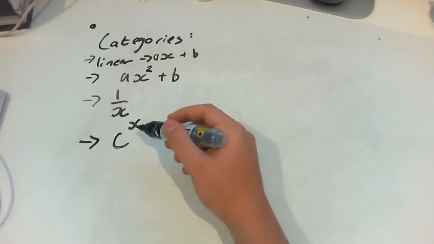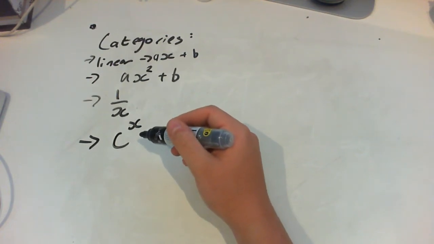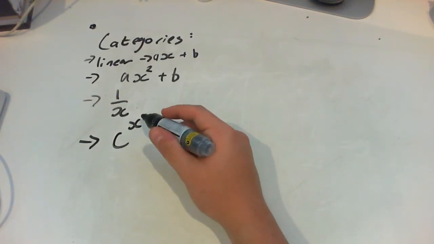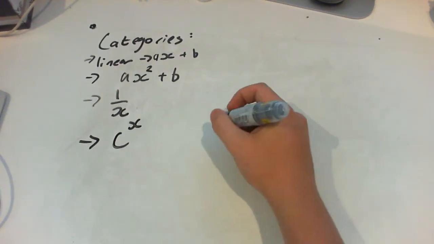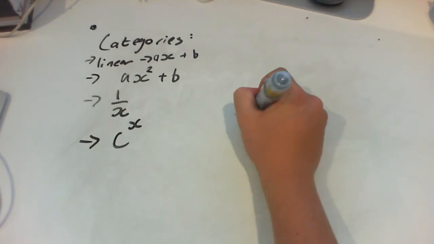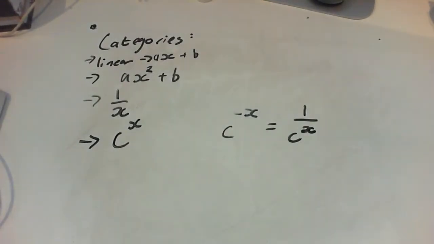As x decreases, this graph becomes smaller and smaller, and even when x is negative, when we have negative x at the exponent, it's the same thing as saying 1 over c to the x.